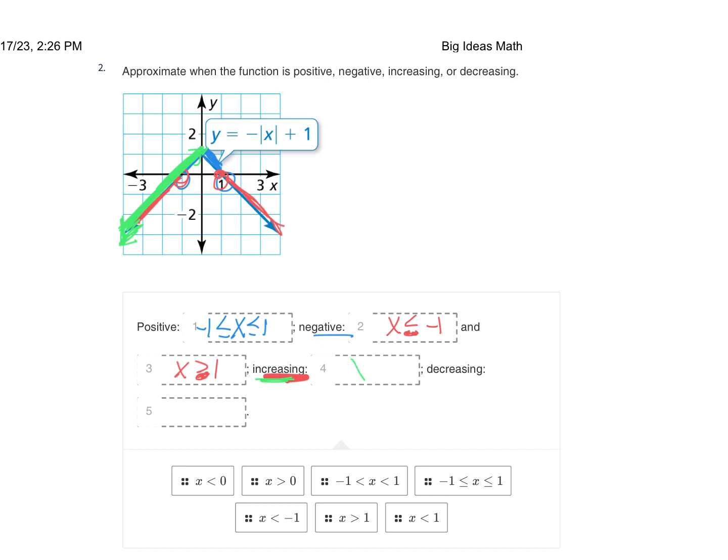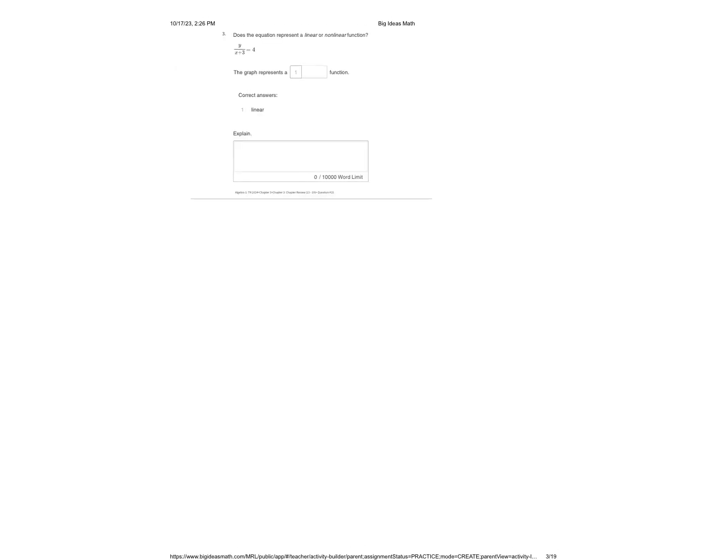So when x is less than 0, it's increasing, and then over on the other side where it's decreasing, it's always decreasing when x is greater than or equal to 0. Okay? And you're looking at your x coordinates, remember, okay?